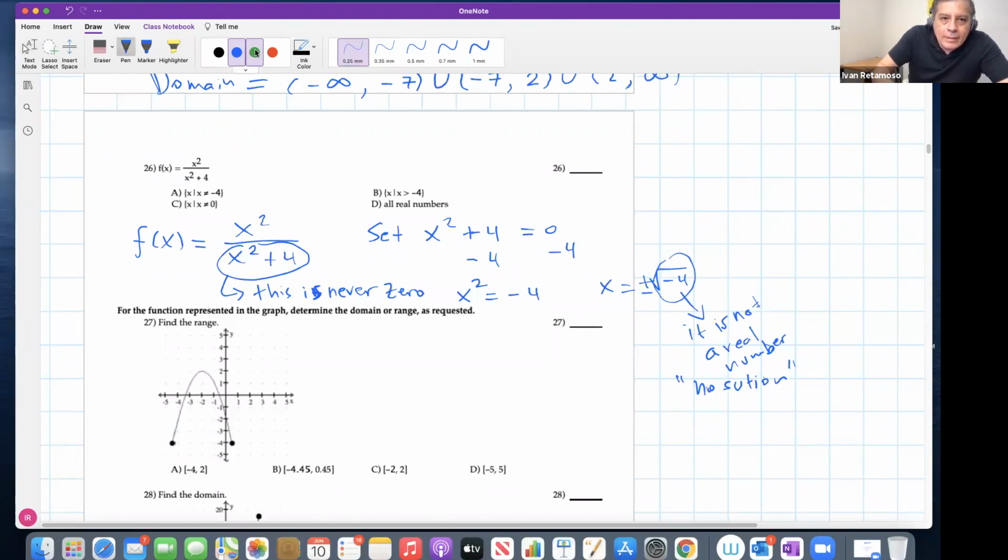Another way to look at this, in case you don't like this approach of solving the equation, is this. Notice x squared, no matter what x is, is greater or equal than 0, always. And if you add 4 to both sides of this inequality, you get that x squared plus 4 will be greater or equal than 4, which is greater than 0.